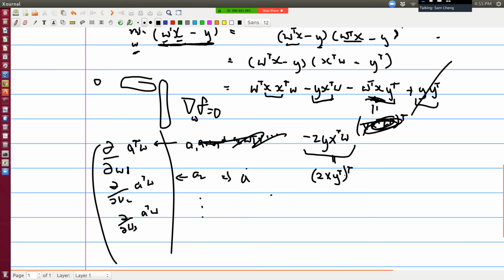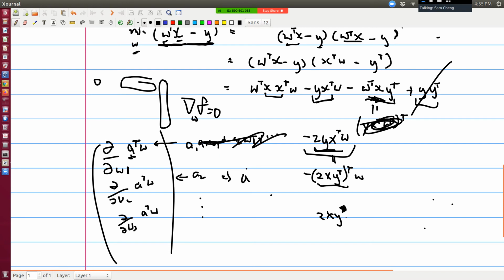Am I right? What I mean is that the transpose of this will give me this. I just want to match the form here. So the partial derivative of this with respect to W is just 2xy transpose, or actually just 2xy. Y is a scalar, right?